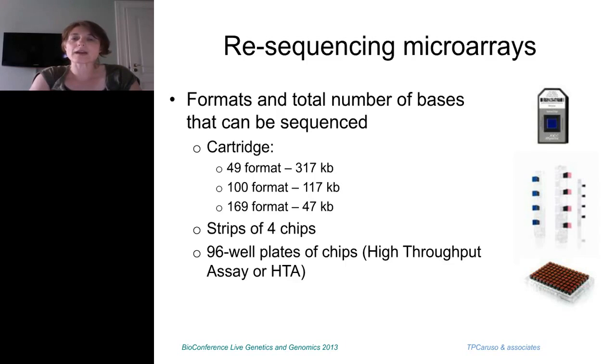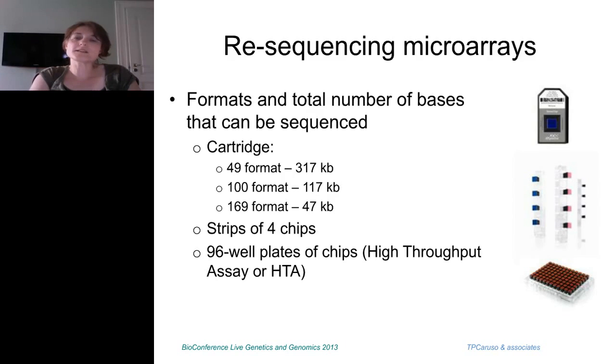Those arrays come currently in 2 different formats, really. One is the traditional cartridge form in 3 different sizes, from 49 to 169 format, allowing you to sequence anything between 47 to over 300 kilobases.